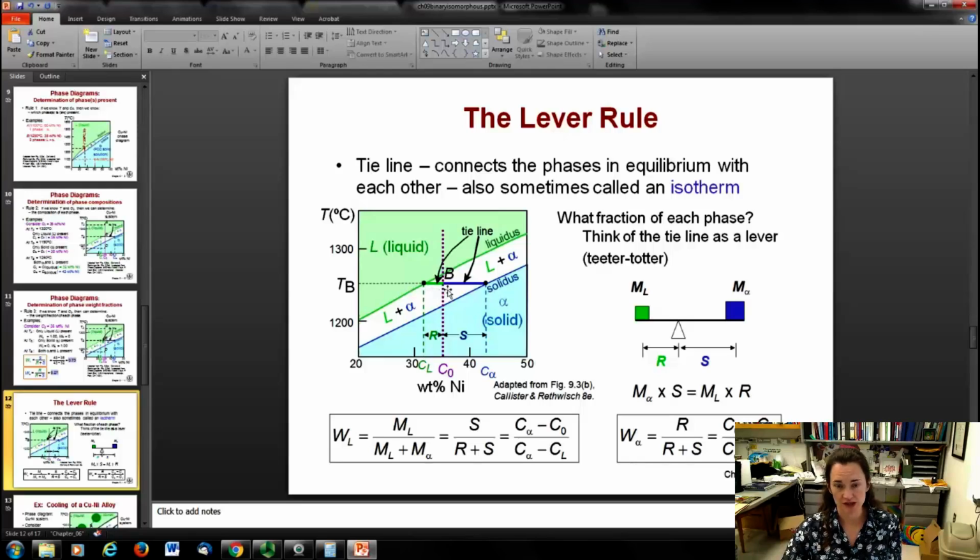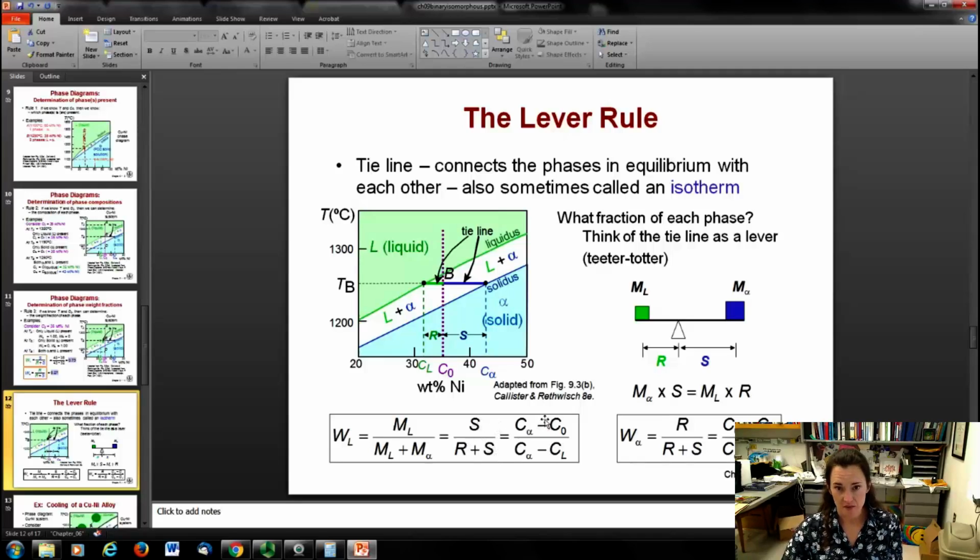You can compare the relative lengths of that and get a weight percentage out of it. So let's look at our tie line. If we consider R to be the distance on our tie line from the intersection of the liquidus line to the concentration that we're at, and we consider S to be the length of our tie line from the weight percentage that we're at, 35%, to the intersection with the solidus line, then I can find the weight of the liquid phase via the calculation S over R plus S, okay?